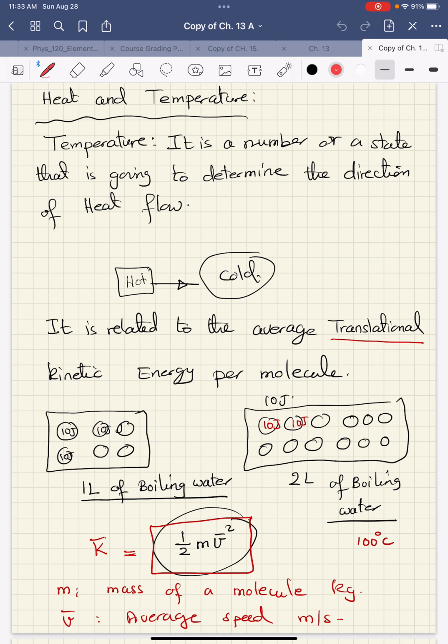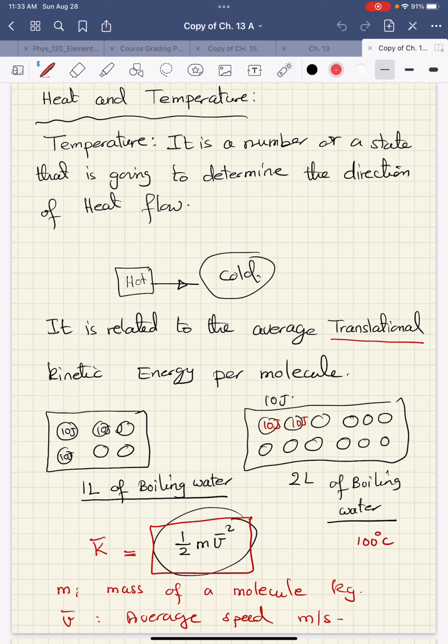One of the easiest definitions is that temperature is a number or a state that is going to determine the direction of heat flow, because naturally heat will flow from hot to cold. If I have my cup of coffee at 90 degrees Celsius and the room at 22 degrees Celsius, heat is going to transfer from hot to cold.